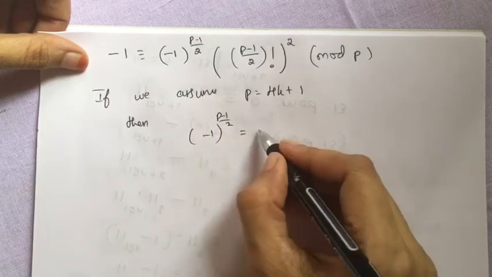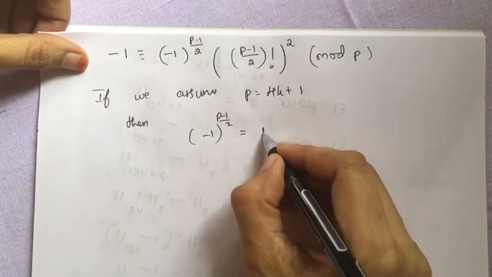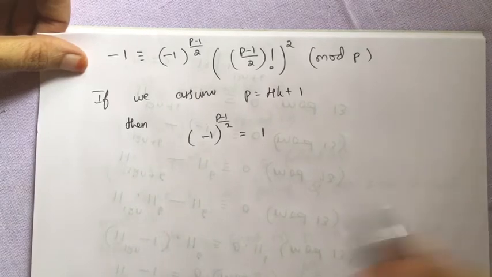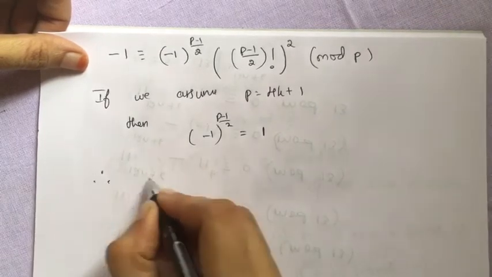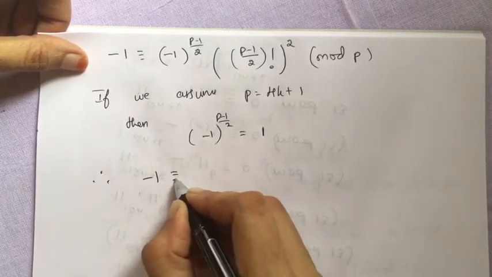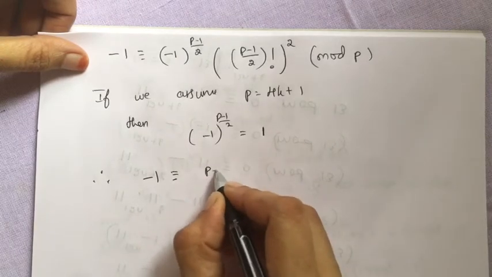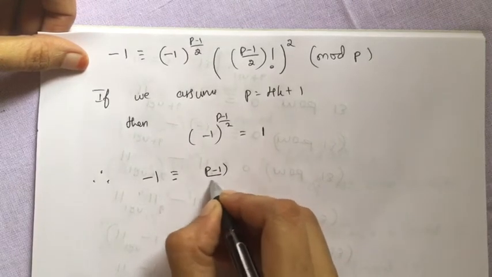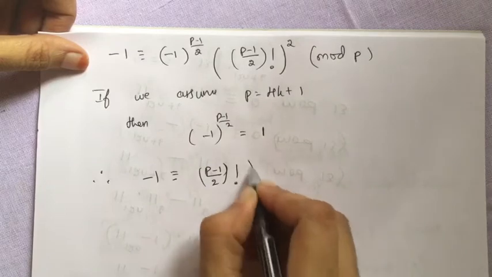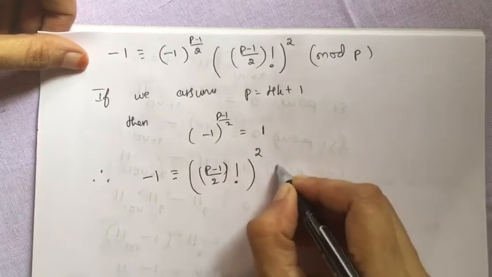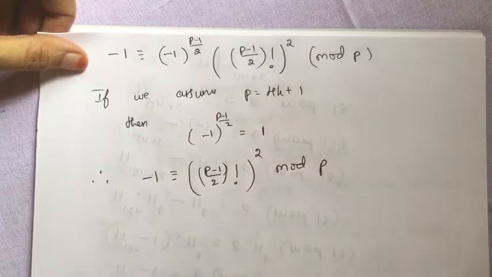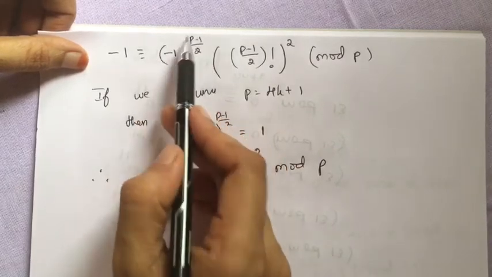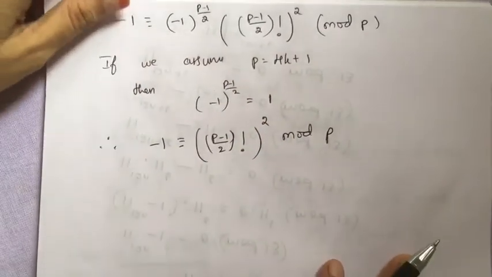So it's minus 1 power even, and that gives you the value 1. So I can write minus 1 is congruent to ((p minus 1) by 2) factorial squared, mod p. This value becomes 1.